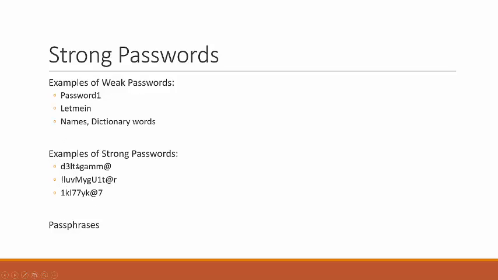I love my guitar, which actually this one's not that great either, because it forms a phrase that could be guessed. But we have some good elements in here. Replacing letters with special characters, replacing I with the exclamation point, the @ symbol. Camel case, mixing upper and lower cases with no apparent meaning.